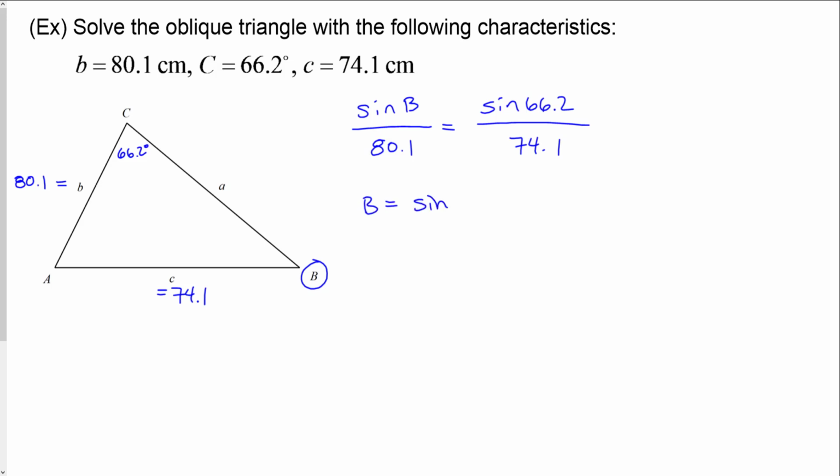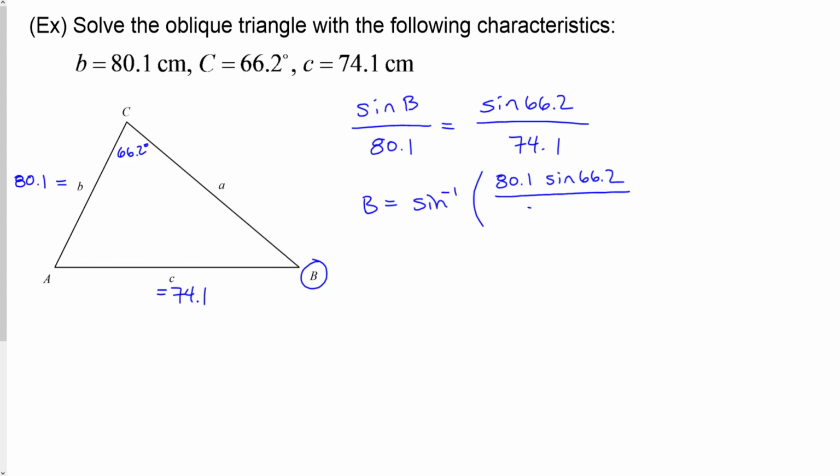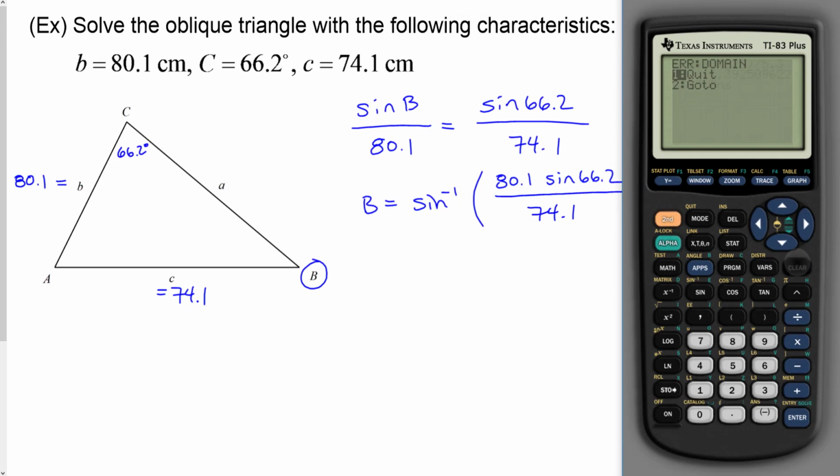So B is going to effectively be the arc sine of 80.1 sine 66.2 over 74.1. So if I put this into the calculator, I'll do arc sine 80.1 sine 66.2 divided by 74.1.